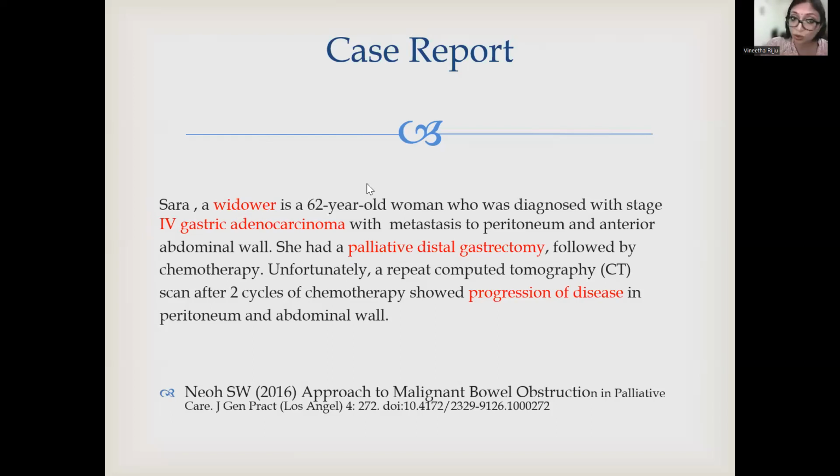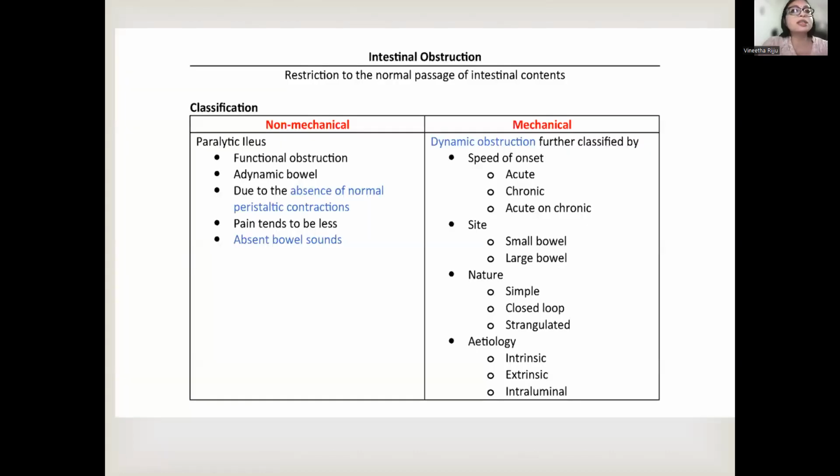And also, it depends on whether we have an obstruction or not, right? So whether we have something over there which is actually obstructing it, or is it a non-mechanical obstruction? So what are the causes of non-mechanical obstruction?